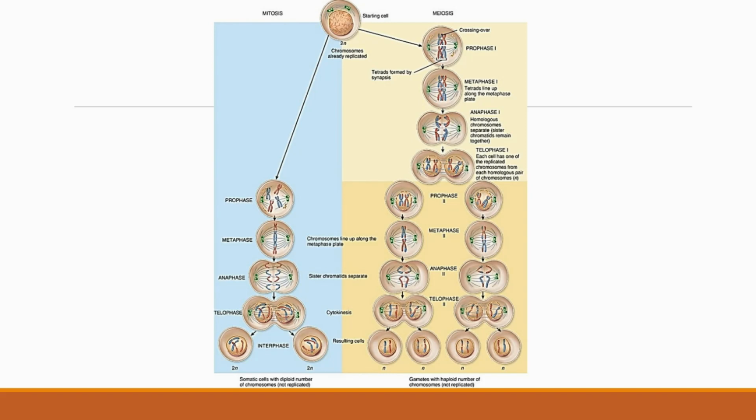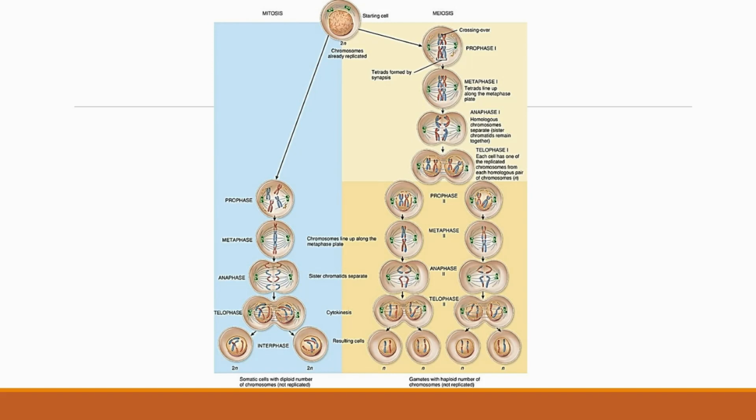In metaphase, they both align in the center there. And then in anaphase, we separate the sister chromatids. And then in telophase, we form new nuclei around each one of them. And then we go through cytokinesis or cell division again.